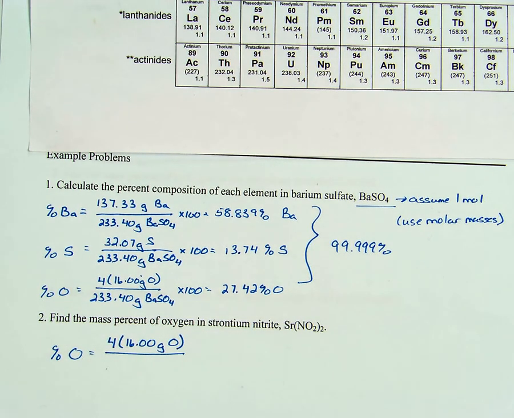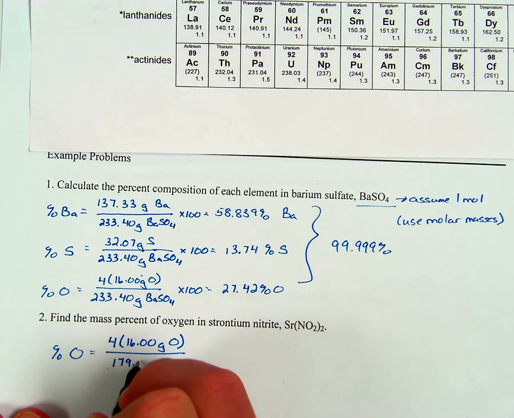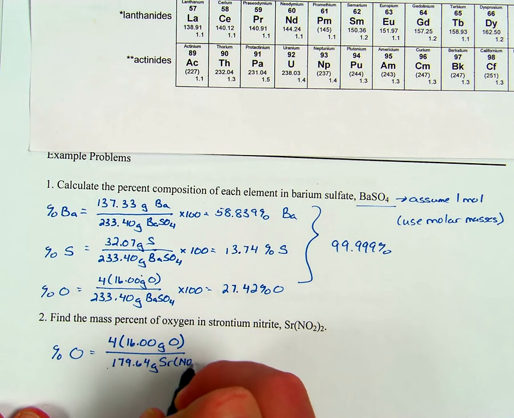So if you just figure the molar mass of strontium nitrite, that's 87.62 for strontium, plus 2 times the molar mass of nitrogen, plus 4 times the molar mass of oxygen, I get 179.64 grams for the molar mass of the compound.